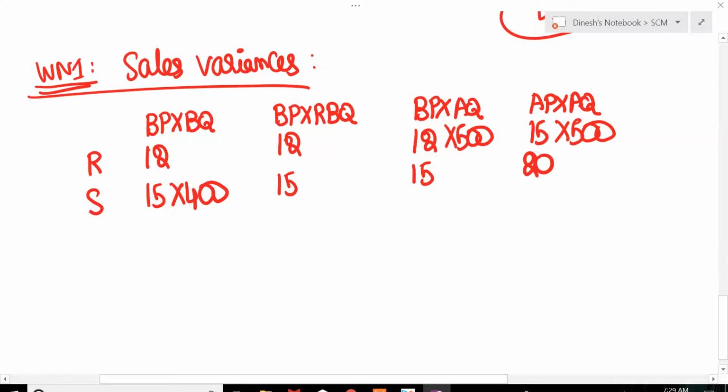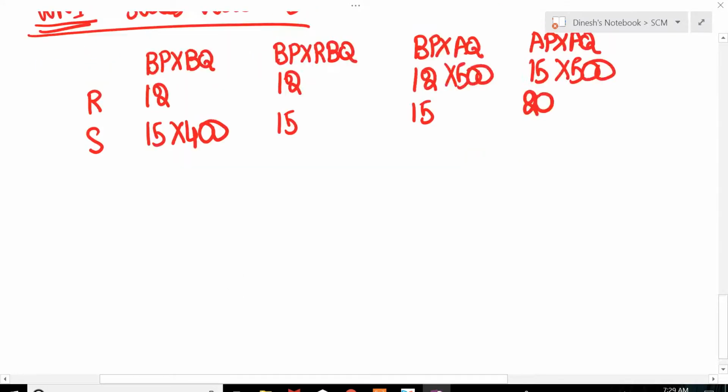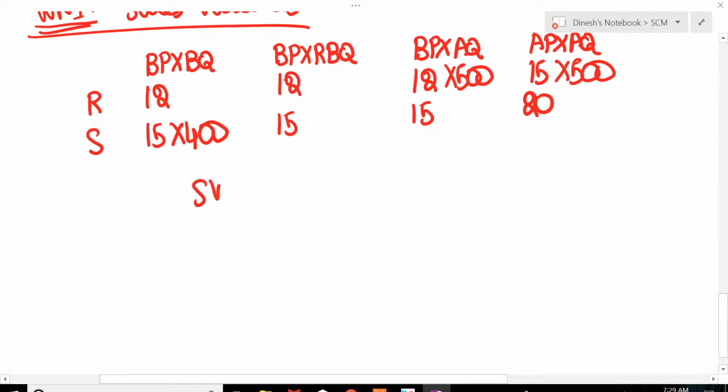So let's write sales volume variance, SVV, equal to BP into BQ minus BP into AQ.